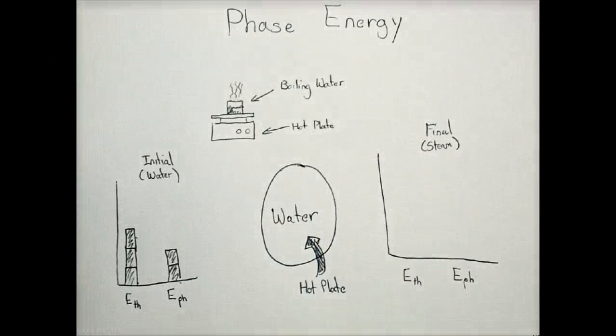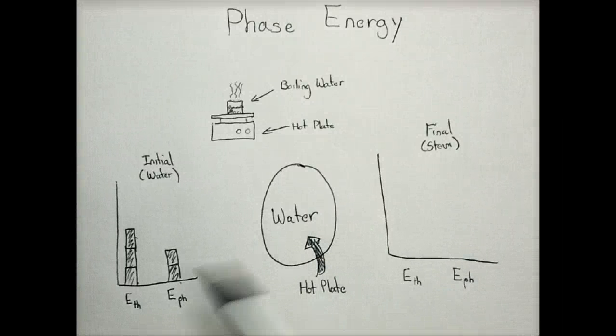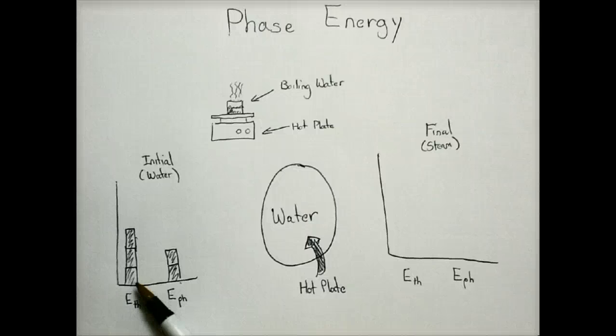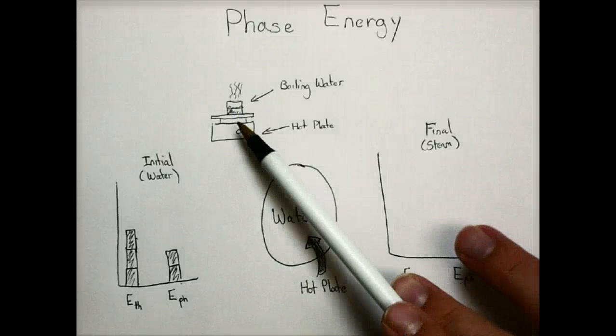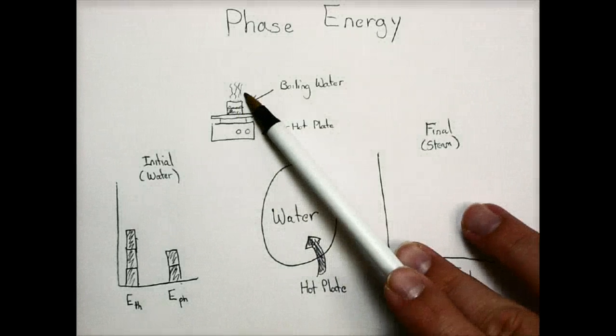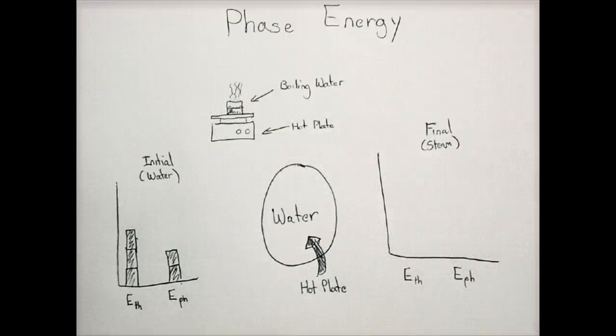And now let's talk about what happens afterwards. This energy has to go somewhere, so we have to add it to either our thermal energy or our phase energy accounts. Well, we know that during a phase change, when water goes from, say, a liquid to a gas, or from whatever phase change, it really doesn't matter, we know that temperature doesn't change.